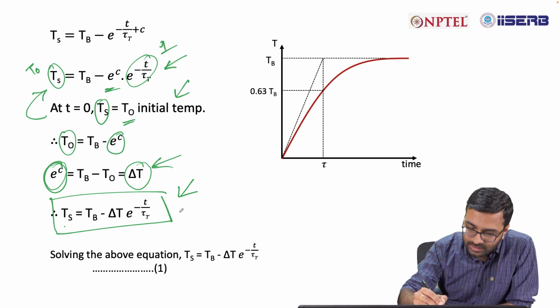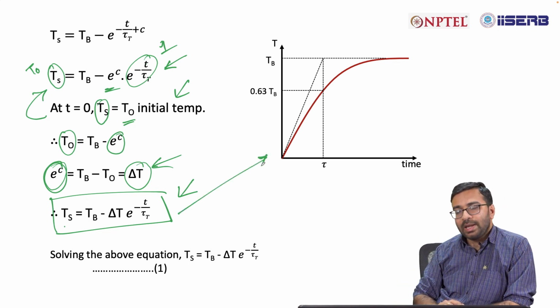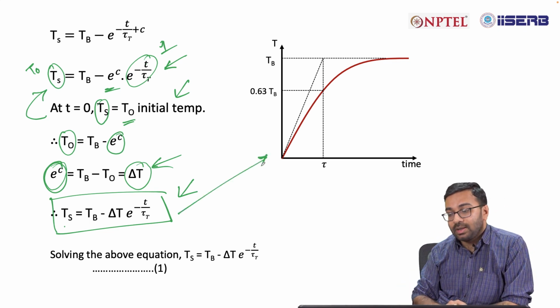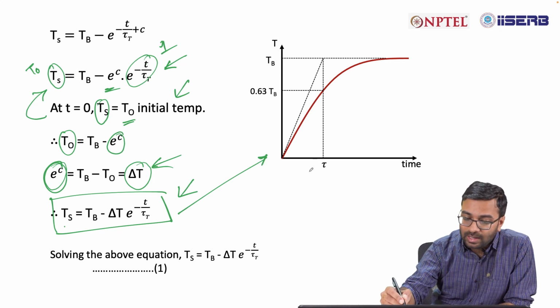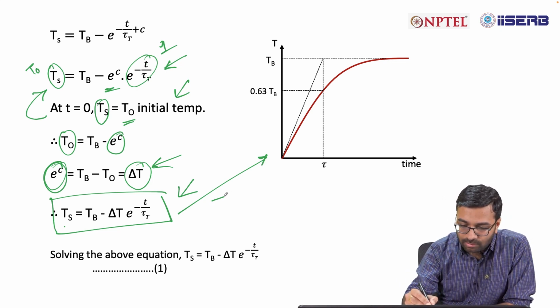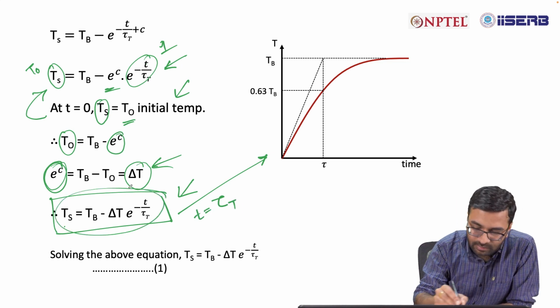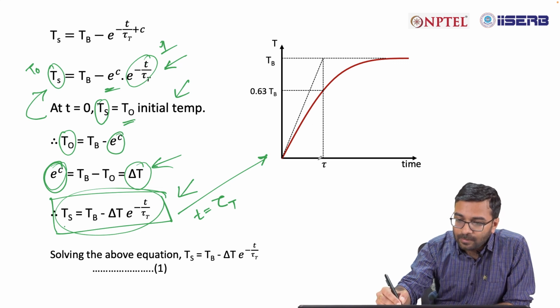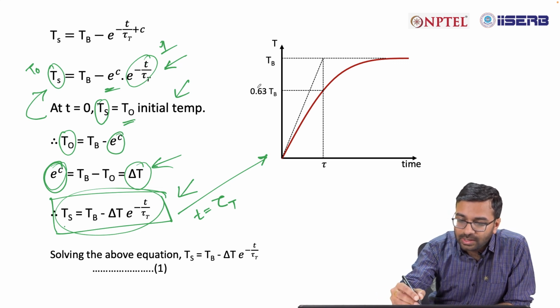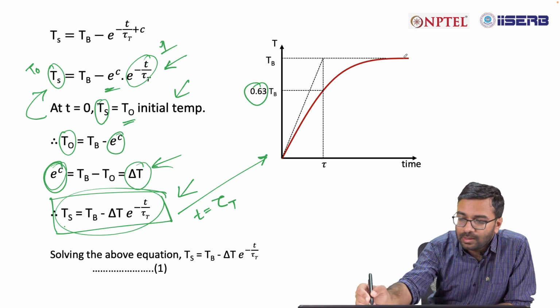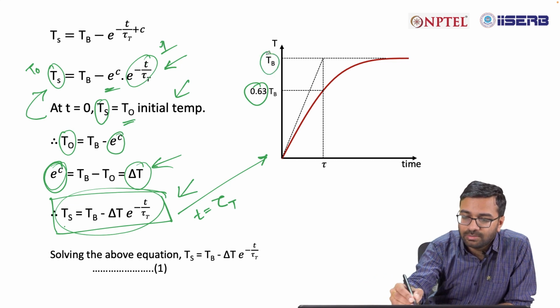Now if you plot this equation, it will look like a simple RC circuit equation, right? So at one time constant, that is when your t is equal to tau, if you calculate this value, you will find that the temperature will reach 63% of the maximum value, that is Tb.